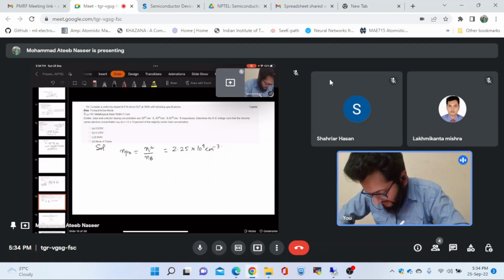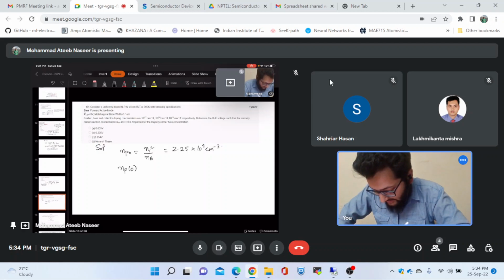Now at this x equal to 0, this concentration will be given by this equilibrium concentration Np0 multiplied by exponential of q VBE by kT, that is the thermal voltage division.